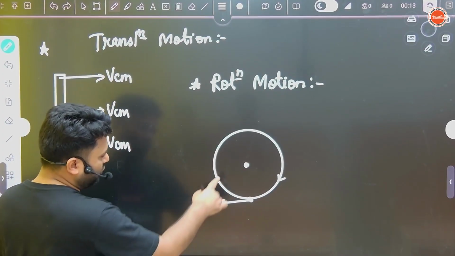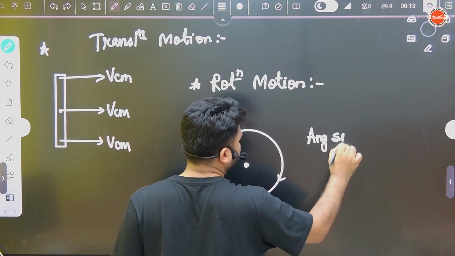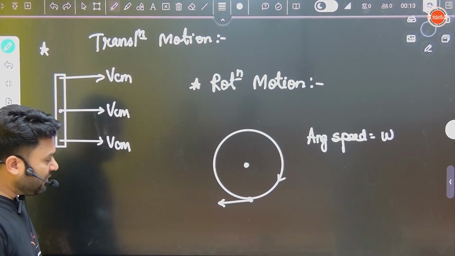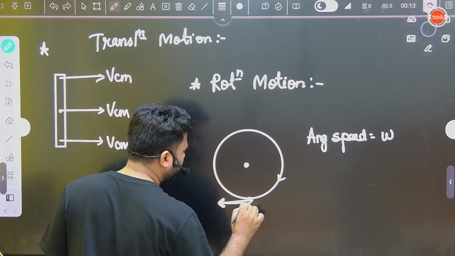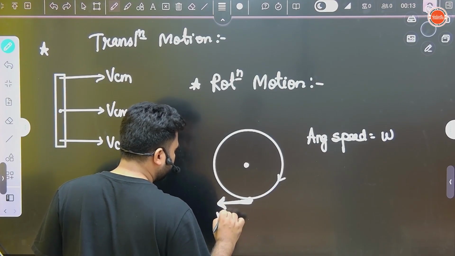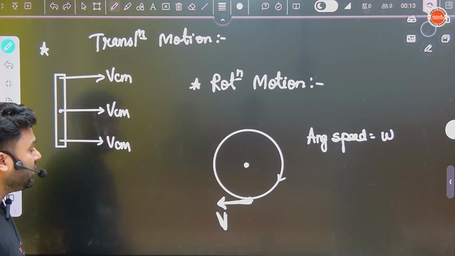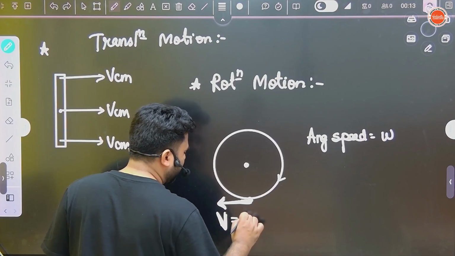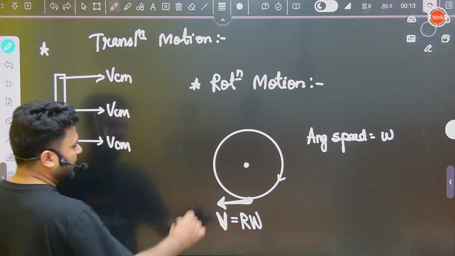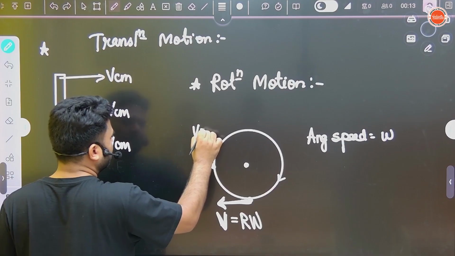This object was rotating with angular speed omega. If someone asks what is its linear speed here, this is v. This v is the linear speed. And you must have learned in circular motion that v equals r omega. You know these things. Here if someone asks what is the linear velocity, again tangent, same value, v equals r omega.